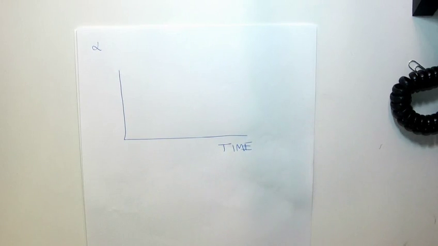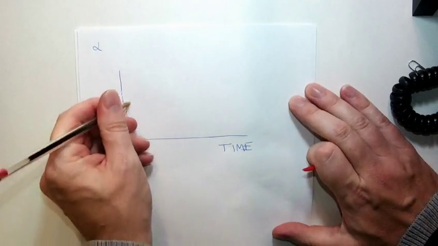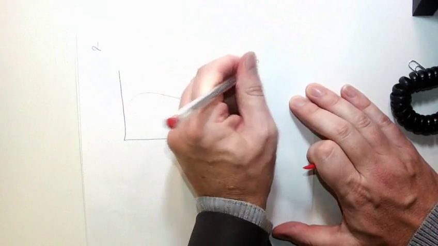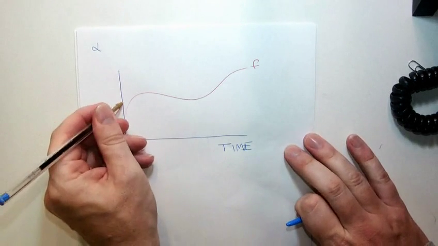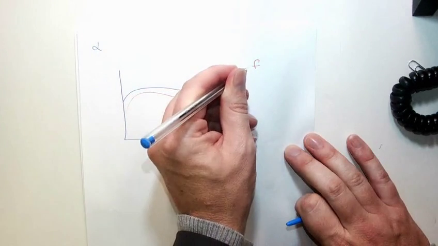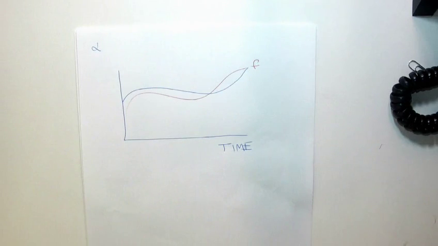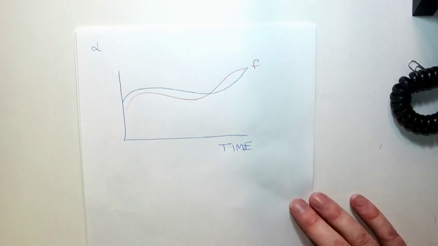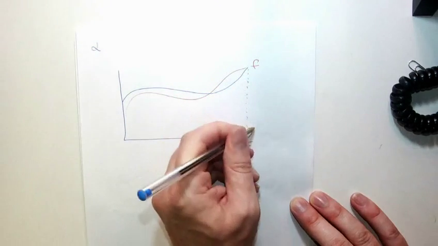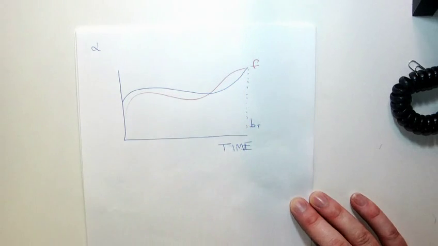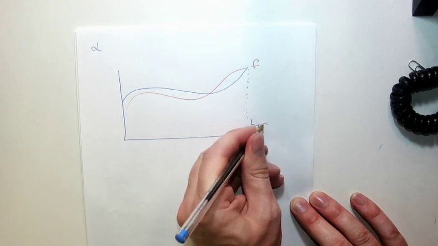So if you have time on the horizontal axis, and let's say this is my futures price here, and this is my spot price, then I'm guaranteed that at expiration, my final basis, B large T, will equal 0.